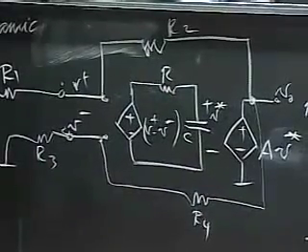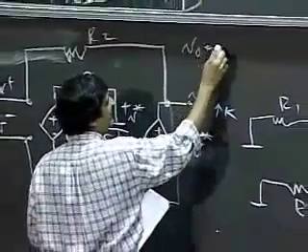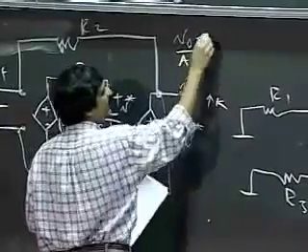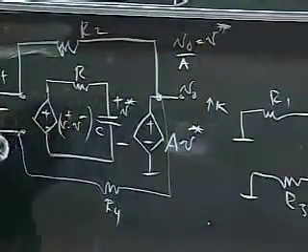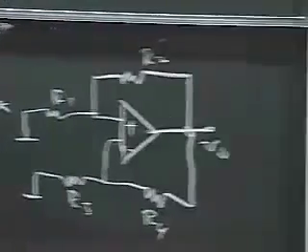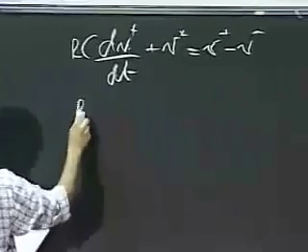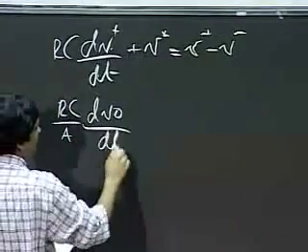Now we also know that V naught divided by A is V star. So I can go ahead and replace V star by V naught divided by A. So it's RC divided by A, dV naught by dt.